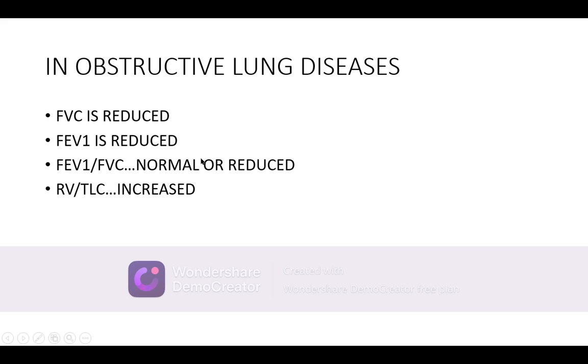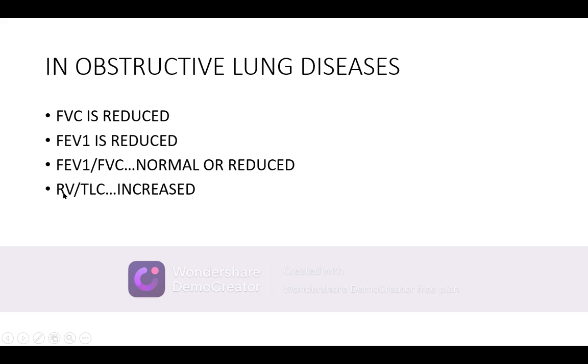For example, in obstructive lung diseases, the forced vital capacity is reduced and the forced expiratory volume is reduced. If you take it as a ratio, it may be normal or reduced. If forced vital capacity is much reduced, then the ratio is reduced.